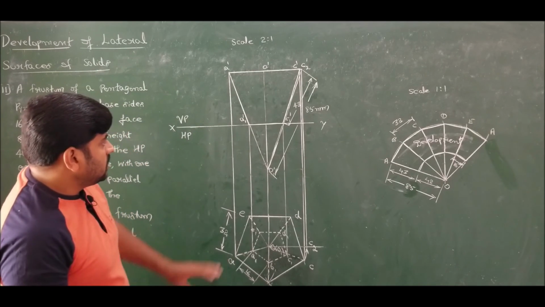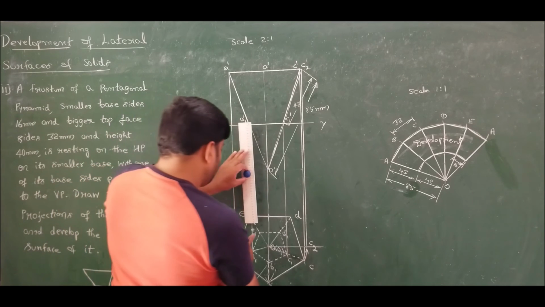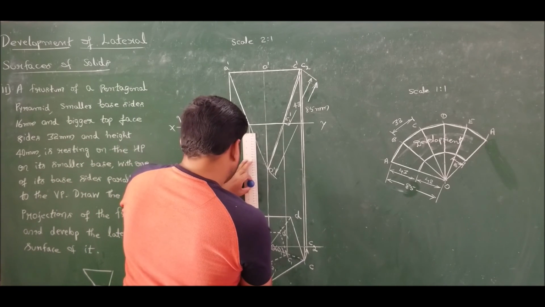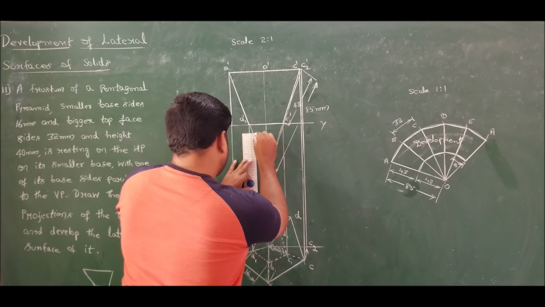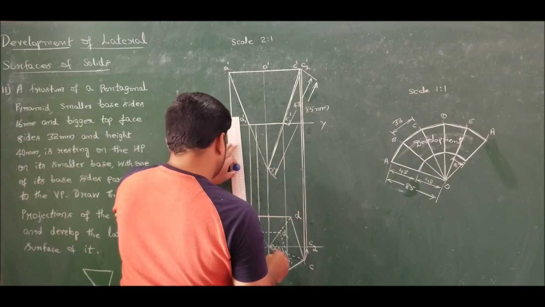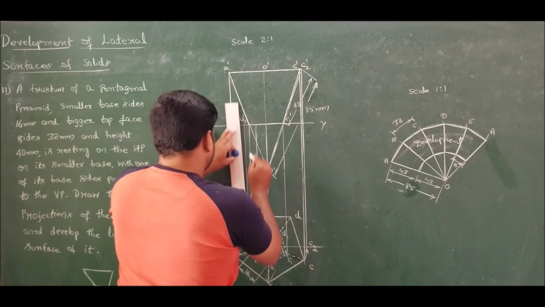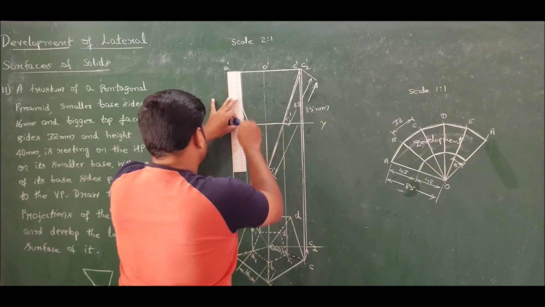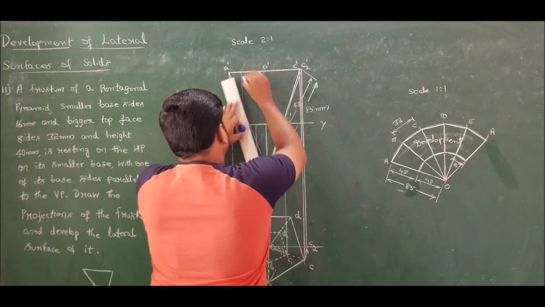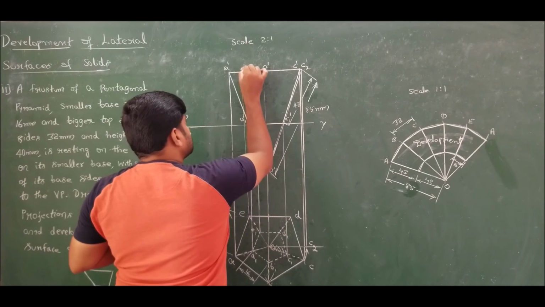Now take the projection for E and E1 first. Let me take for E1 and E. Taken for E1, take projection for E. Now connect these two. This is E1 dash, this is E dash.